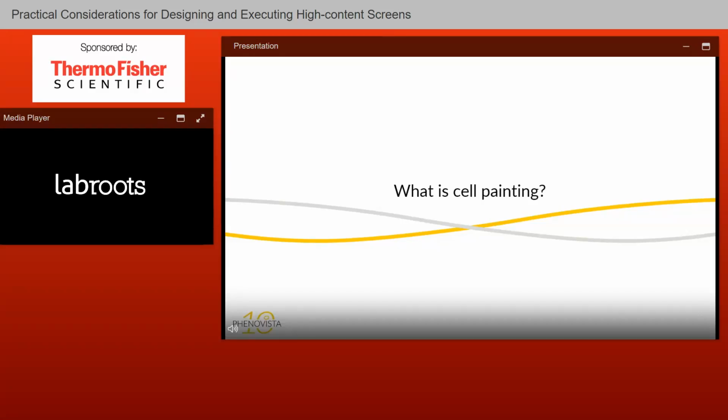This is a really popular approach now that came out of the Broad Institute, a former colleague of mine, Carpenter. It really came from the need to quantify effects on cells that were being used in siRNA screens, and they needed a very unbiased way to label the cells and determine, if you knock down a gene, what was the effect on cell viability, maybe on the mitochondria, not knowing what the effect might be at all.